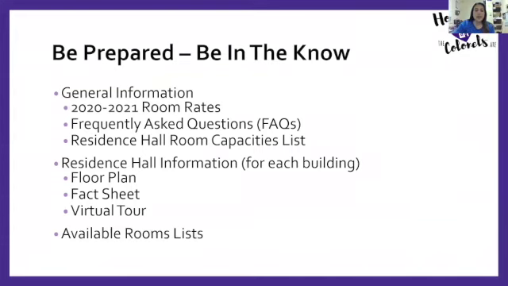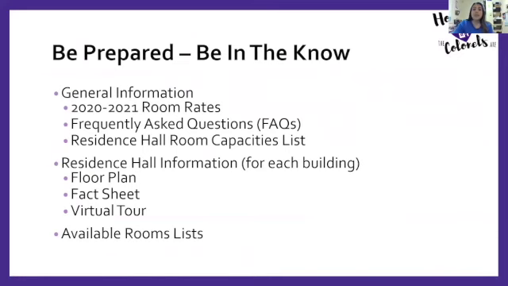Awesome. So jumping into some of the information that the Office of Residence Life and Housing has prepared for you all. There's a good amount of information that will help you get prepared for selection as well as take part in our selection process. The most important thing we want you to do is to review all of this information and be prepared for when it's your time to select the room of your choice.